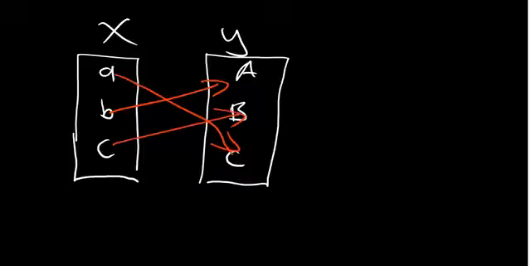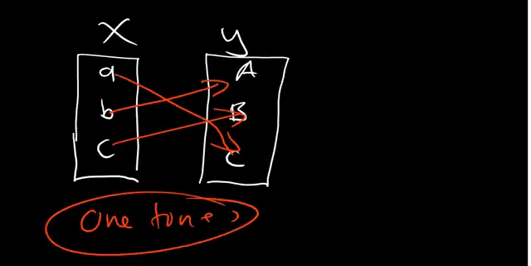So as you can see, every element of x is only mapping to one element of y, meaning that this function is one to one. Okay, as simple as that. So using mapping, this is how you can tell that this function is one to one if every element of x is just mapping to one element of y.